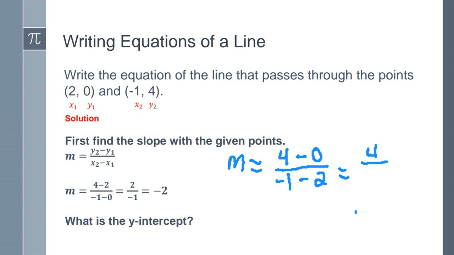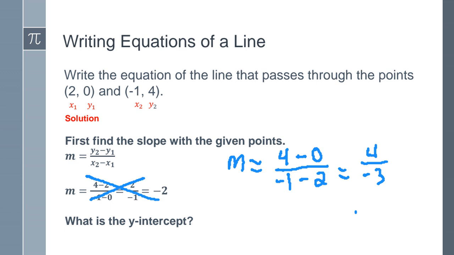Okay, so this is incorrect. And then the next question is, what is the y-intercept? Somebody remember negative 4/3, because I think the next slide is going to be incorrect too.